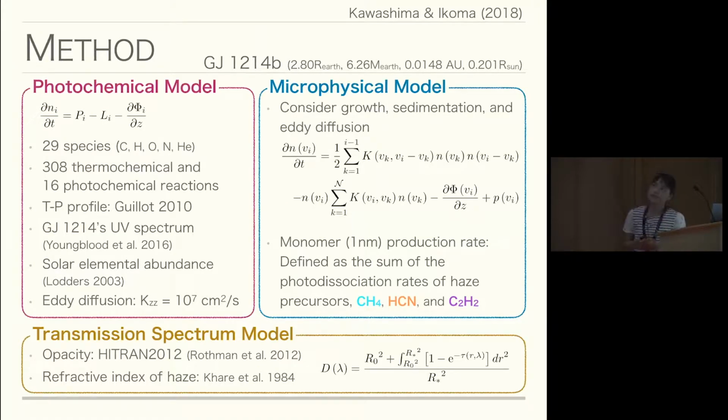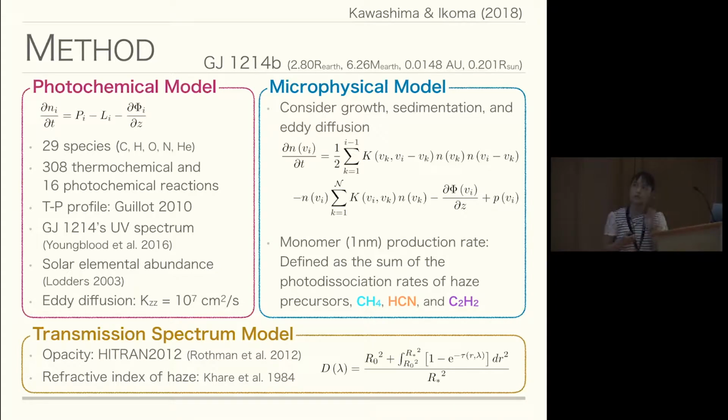I will use three models: the photochemical model, the microphysical model, and the transmission spectrum model, which we developed in a previous paper, Kawashima and Ikoma 2018. First, for the photochemical model, we consider 29 species composed of these 5 elements: carbon, hydrogen, oxygen, nitrogen, and helium. We consider 300 thermochemical and 16 photochemical reactions.